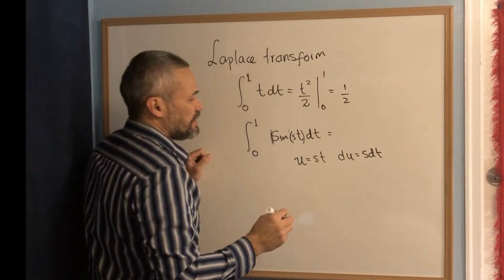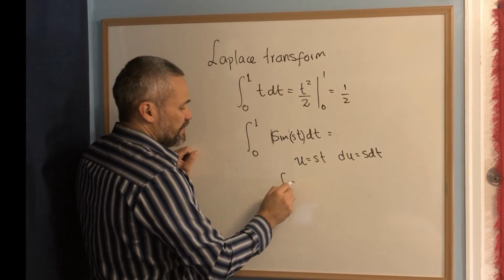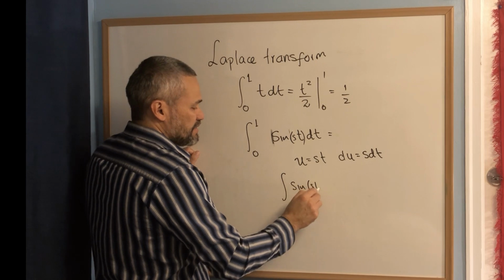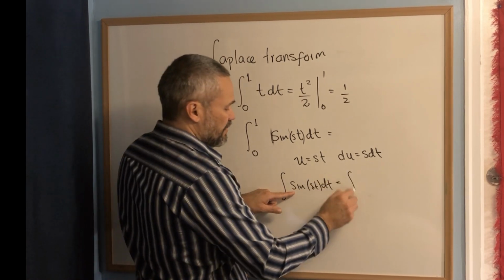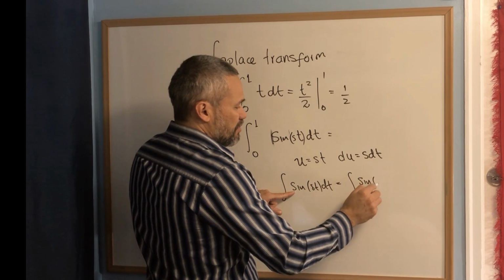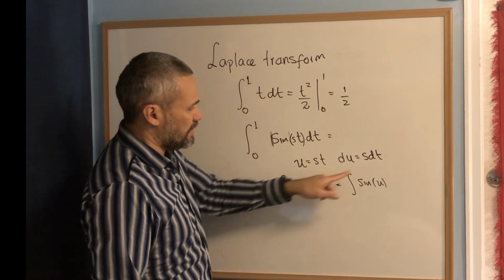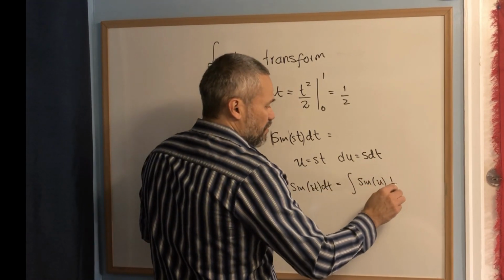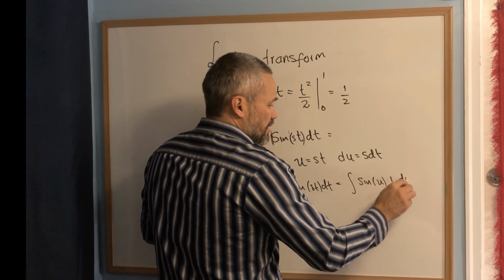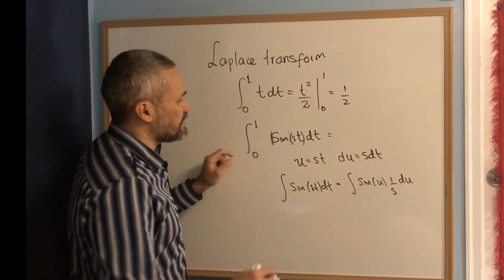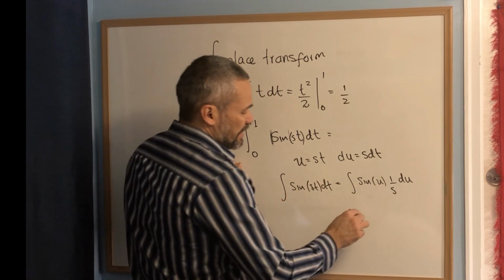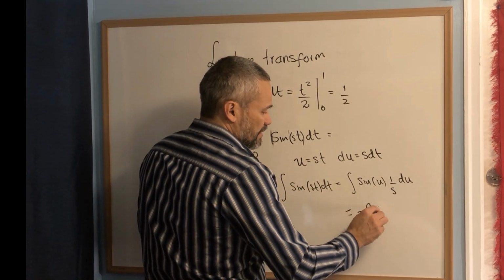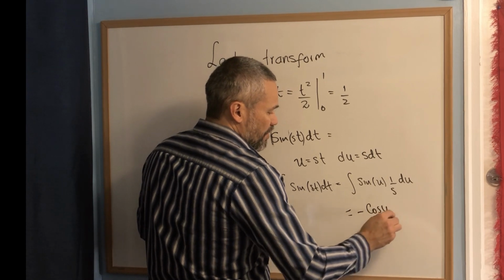That means that to do this antiderivative, sine of st dt becomes the antiderivative of sine of u, and the dt is 1 over s du. The antiderivative of sine of u is negative cosine of u, over s.